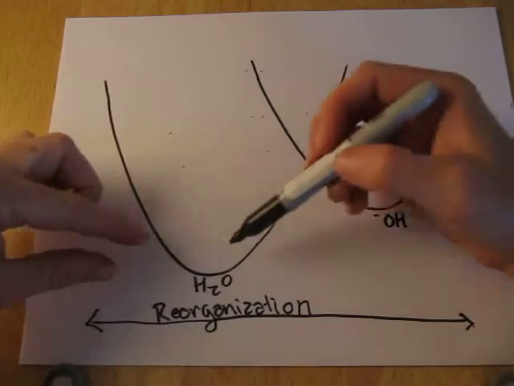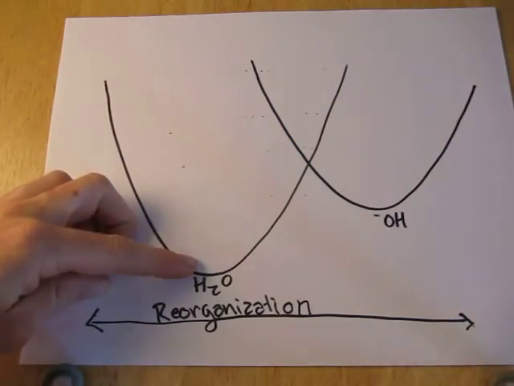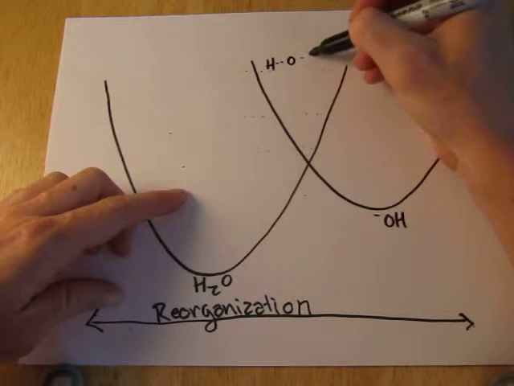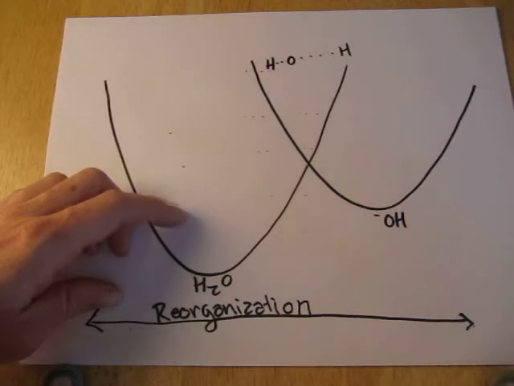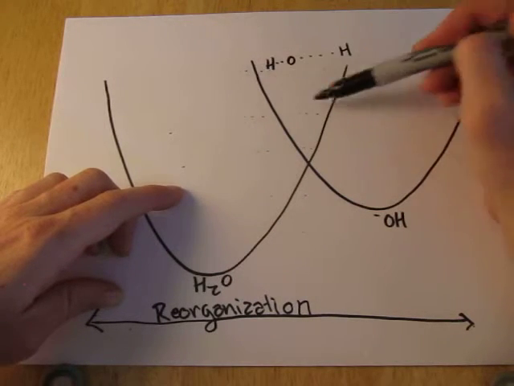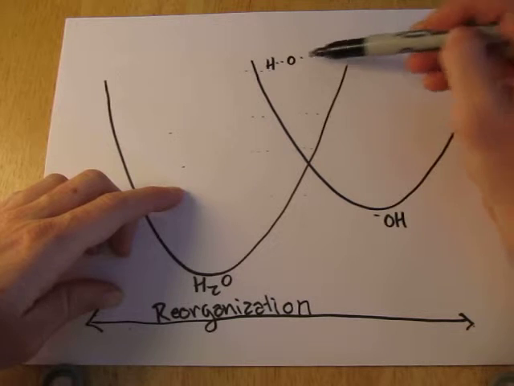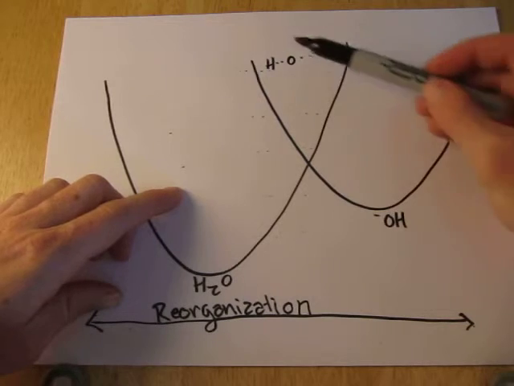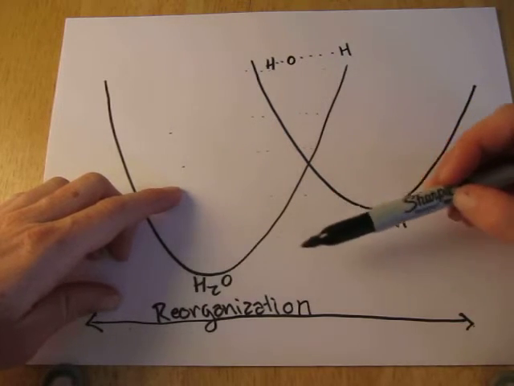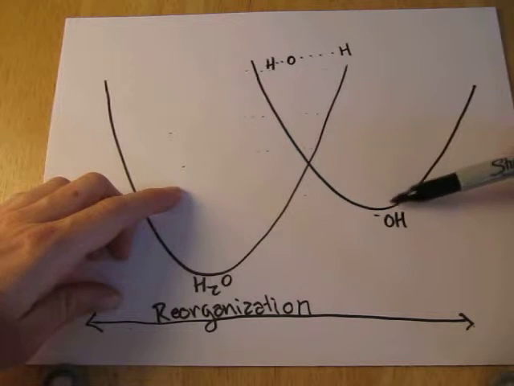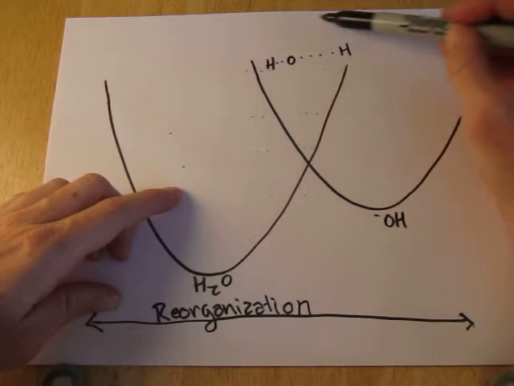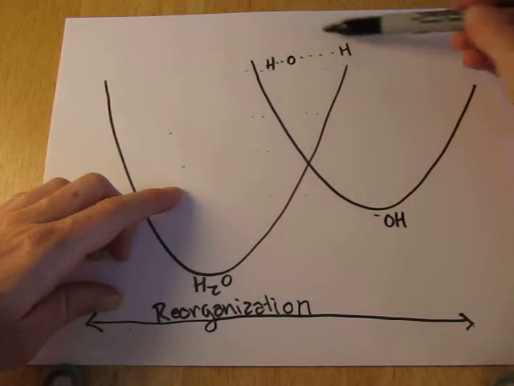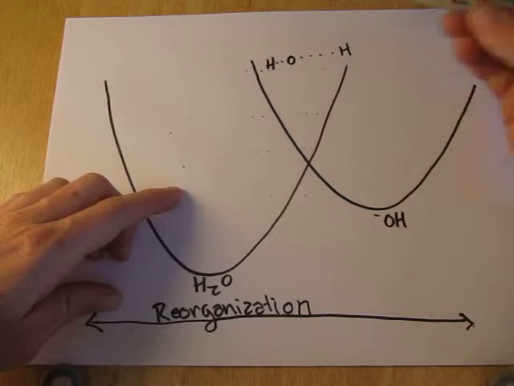And say that we went out on one side of the H2O curve to where we're pulling one side of the bond all the way off. So one's kind of a normal bond, and one is a super long bond. So this is a very high energy state. This distance between these things is not favorable, and that's why we're up here in this high energy area. And it happens to be that this super high energy state of H2O looks exactly like a super high energy state of OH minus. And so there's this overlap in reorganizational space for them way up here at high energies.